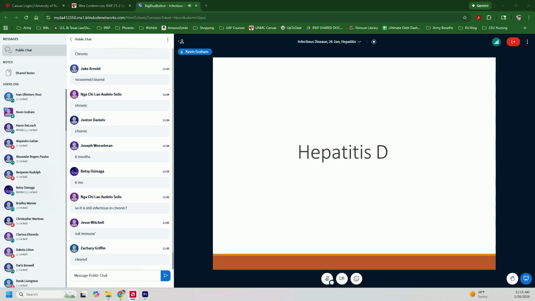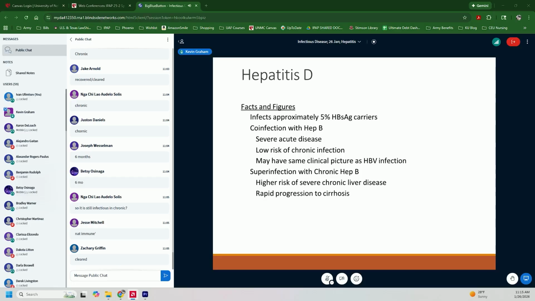All right, hepatitis D. There's something unique about hepatitis D, and that is that it cannot infect the body unless there is also hepatitis B. Hepatitis B, or Bravo, can present without hepatitis D. However, hepatitis D absolutely requires a co-infection with hepatitis B. The reason is that the hepatitis D virus needs the surface antigen of the hepatitis B virus to help in its replication.